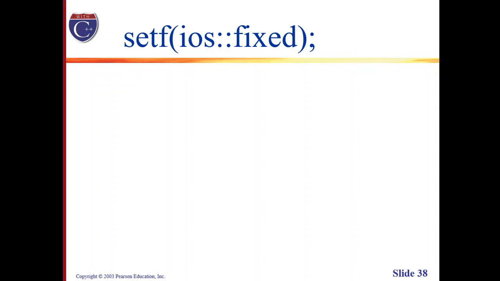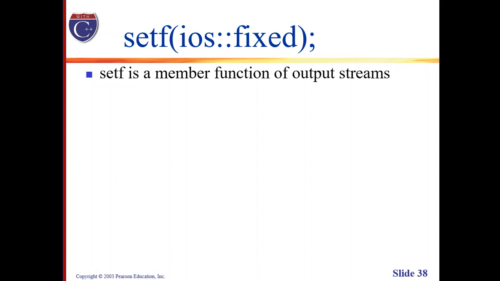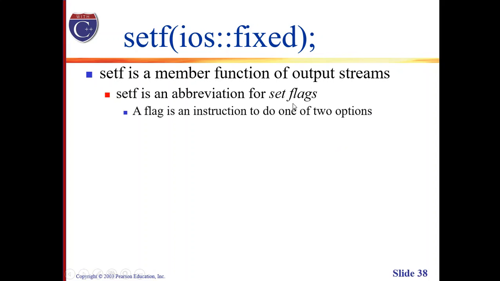And the other one, setf, is a member function of output streams. Setf is actually called as set flags. A flag is an instruction to do one of two options. So how can we use this in C++ programming?